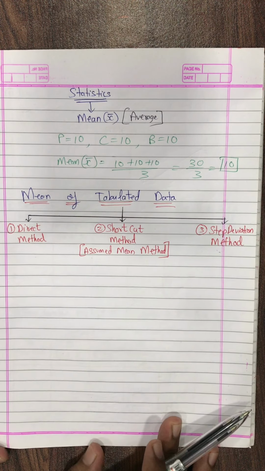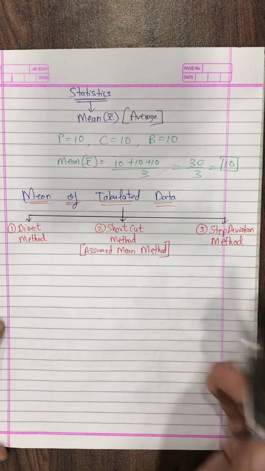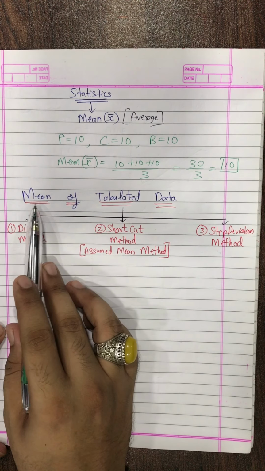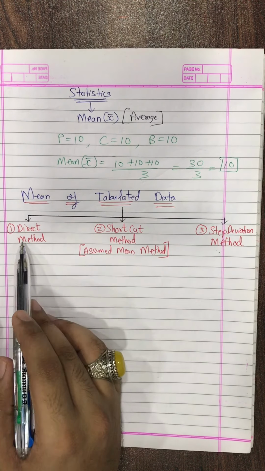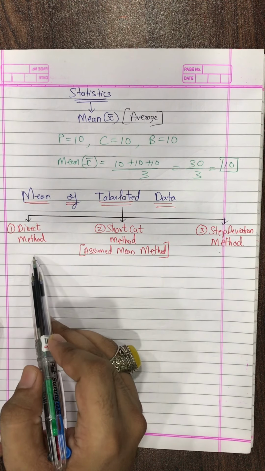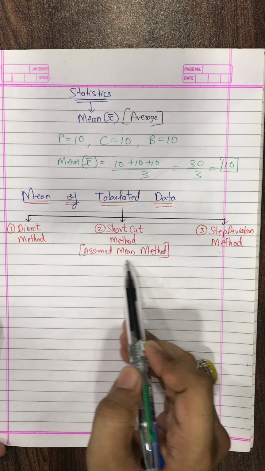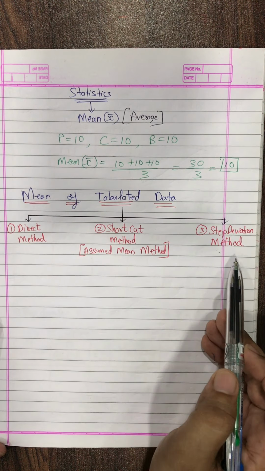Please repeat with me the 3 methods of finding the mean of tabulated data. The first is the direct method. Second is the shortcut method, also known as the assumed mean method, and the third is the step deviation method.